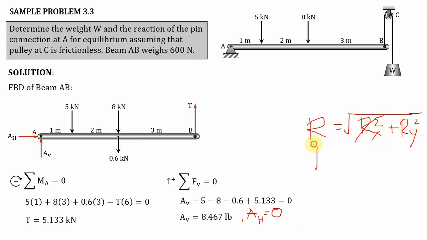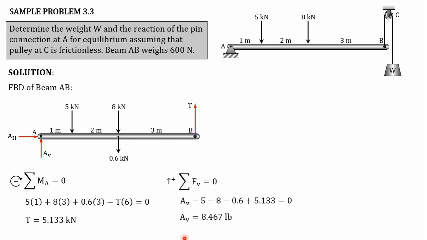So therefore, we can directly say, class, that resultant of the reaction or the reaction at pin connection A is equal to Ry. Okay, so therefore, class, the reaction at the pin connection A is equal to 8.467 pounds. Since that the horizontal reaction at A is equal to 0 na. Okay, so ito na yung answer natin.